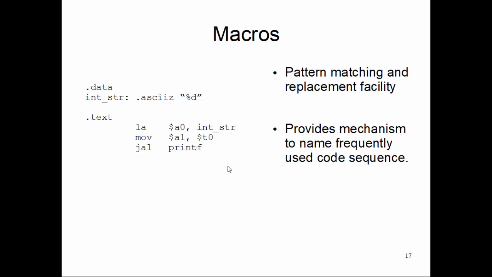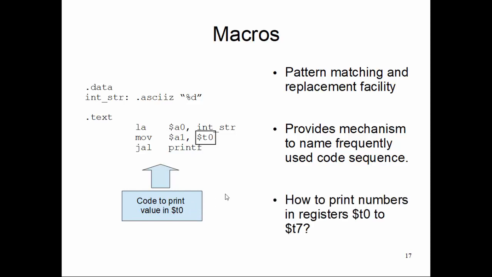So that's not important right now. The important thing is that this set of three pieces of code is enabling printing of an integer stored in a variable $T0.